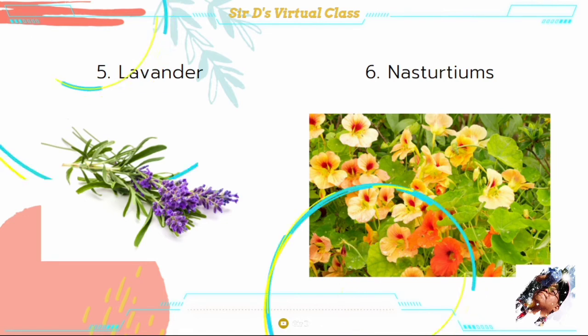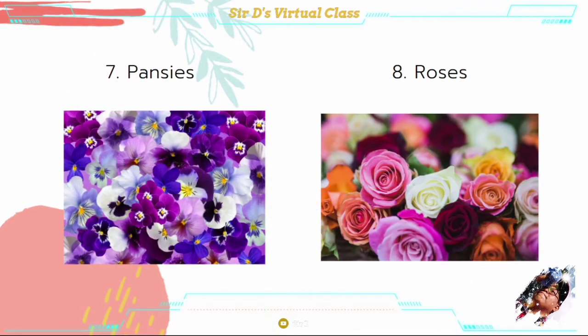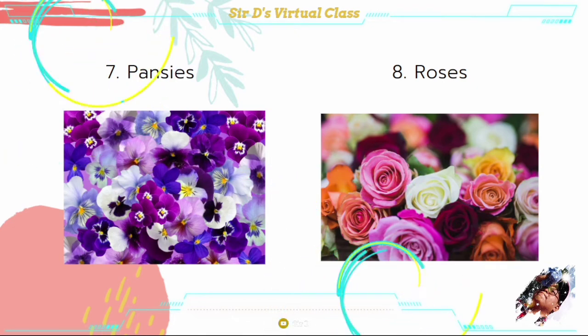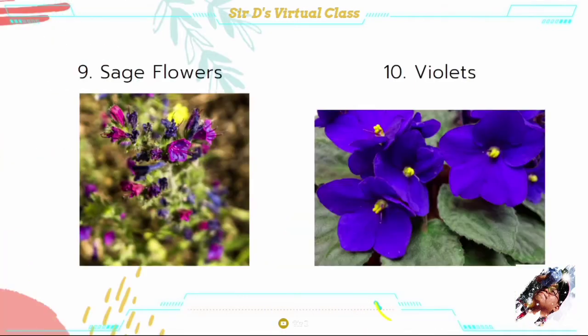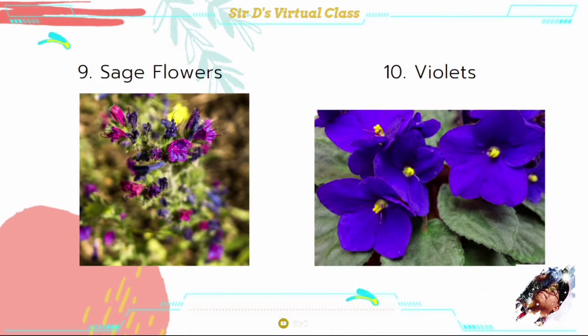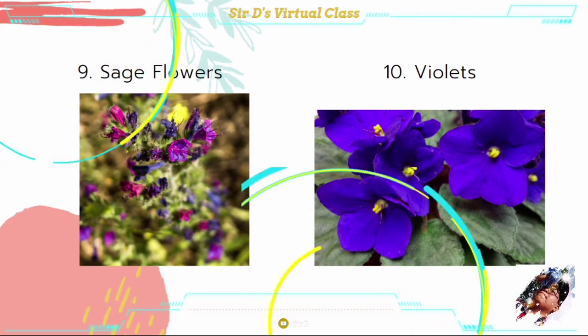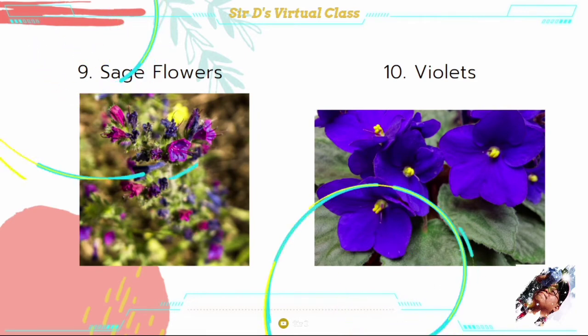Nasturtiums with varied colors is a good garnish to any dish. Pansies. And of course, you have your roses. These edible flowers cannot be completed without the sage flowers and the violets. Truly, those colors will give an additional impact and would entice our diners to enjoy and be satisfied with the meal that we have prepared. So, use them wisely.